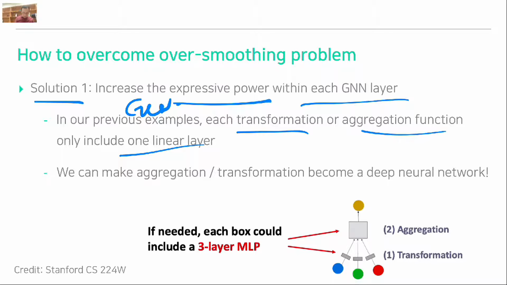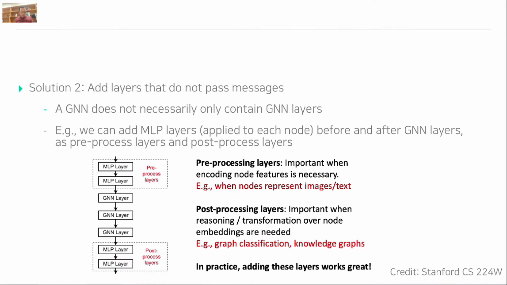So we can make the aggregation and transformation become a deep network. For the aggregation and transformation before the aggregation, we can add multiple MLP layers, and we can increase the expressive power, right?